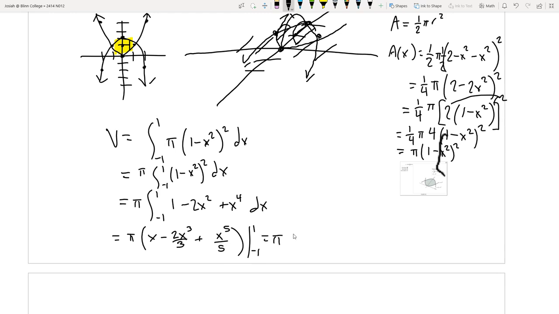So we've got pi times, and I'll go ahead and open up some brackets because in the first parentheses I'll plug in 1. 1 minus 2/3 plus 1/5 minus, plug in -1. -1 cubed retains the negative. -1 to the 5th power also retains the negative.